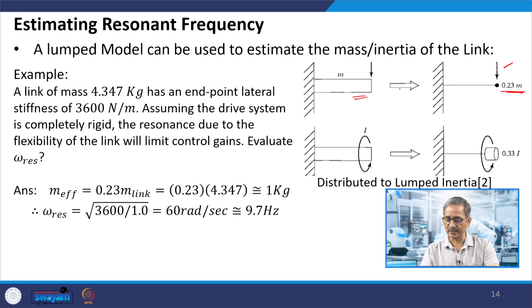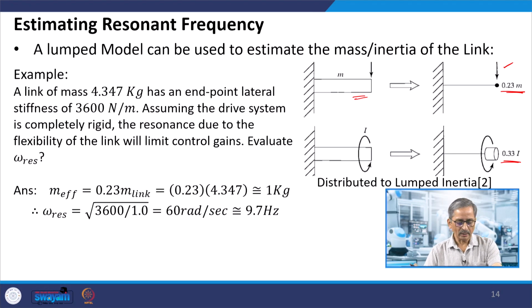Similarly, if you have a shaft, the effect of distributed inertia can be modeled as a lumped inertia, with the inertia here taken as 0.33 I. So, this way we can do the approximation by lumping the parameters.